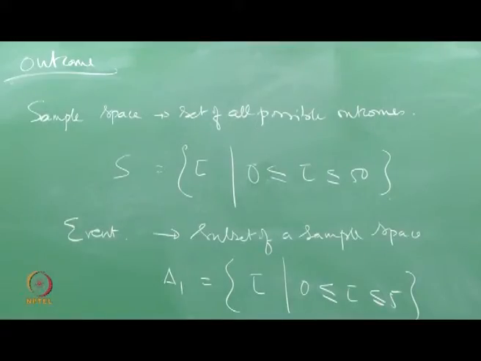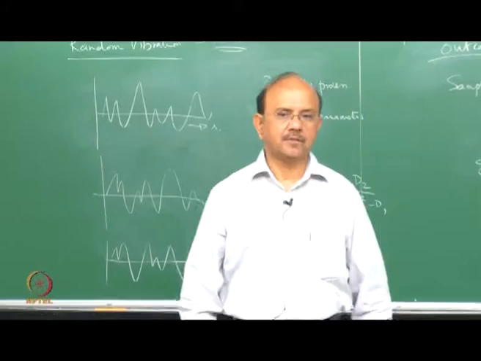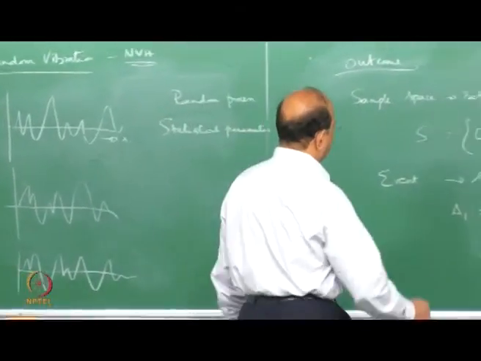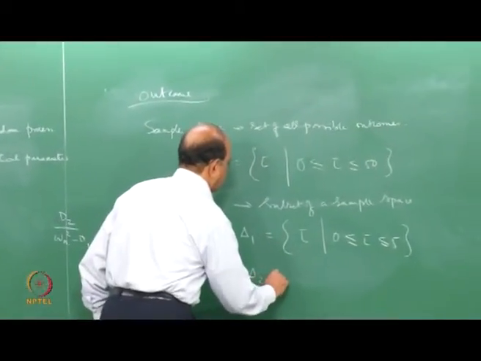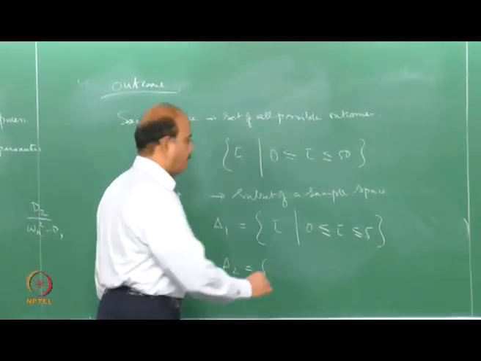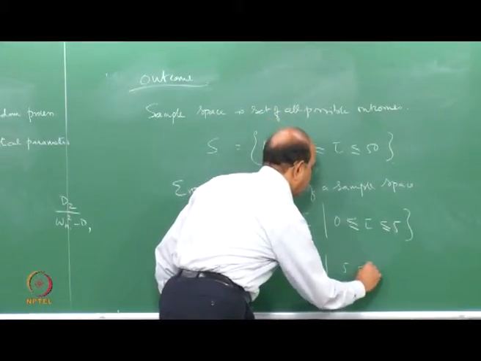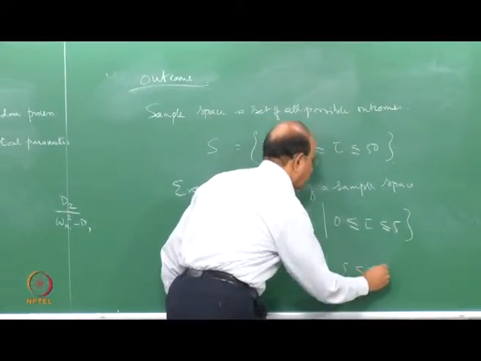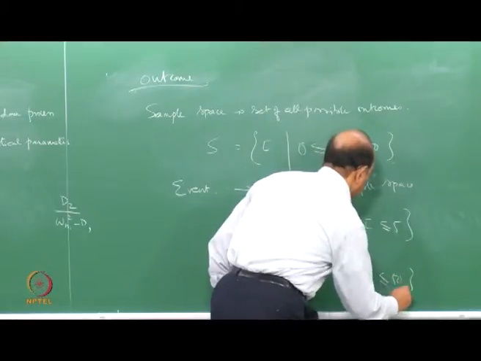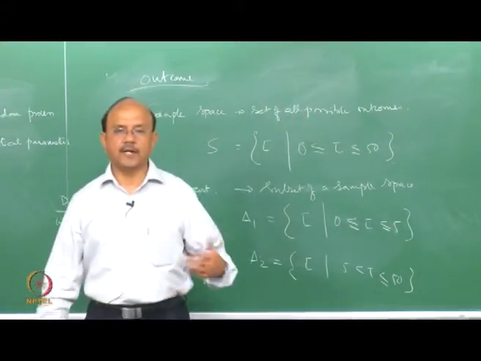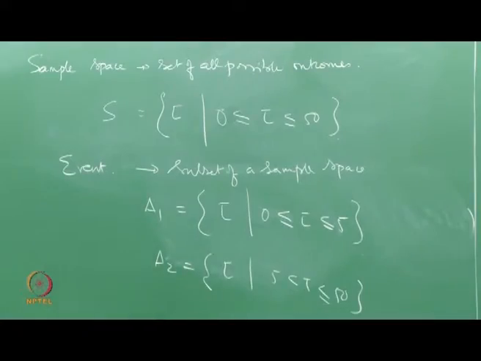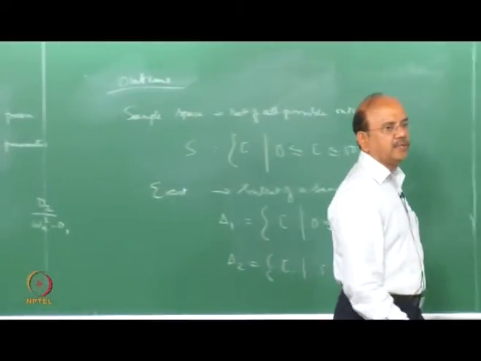So A1 is an event, all that which is within the first 5 minutes. I can define A2 to be tau greater than 5 and less than or equal to 50. So these are events. Or events can be this continuously as tau itself.